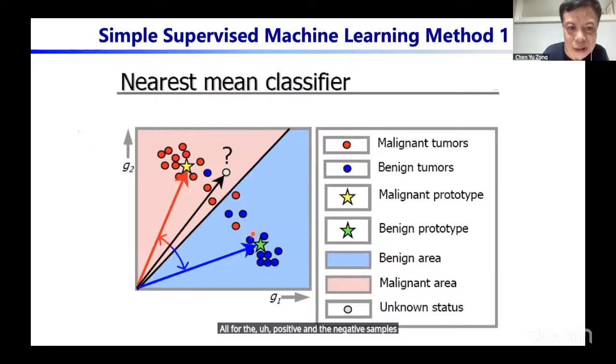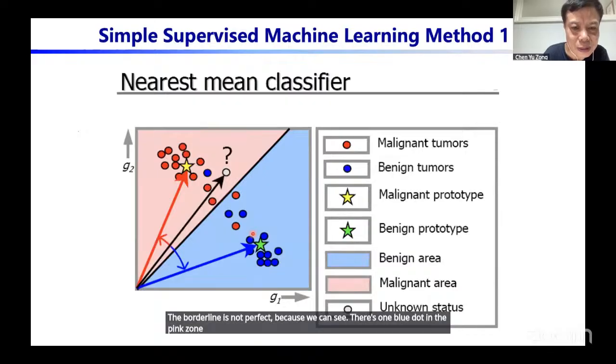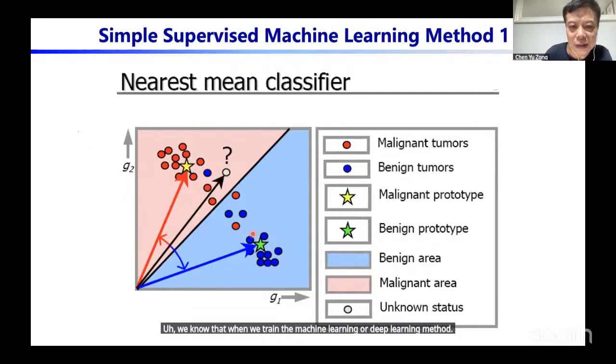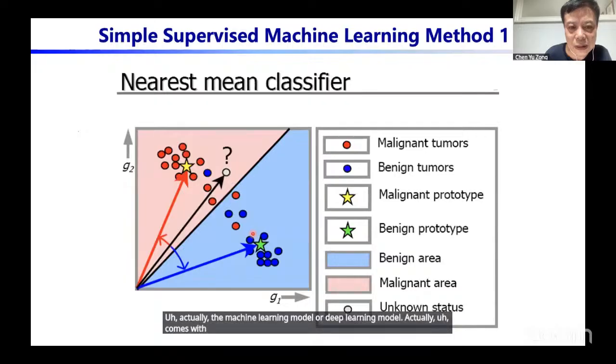We do notice that in this particular example, the borderline is not perfect, because we can see there's one blue dot in the pink zone and two red dots in the light blue zone. So this is called the error. Of course, we know that when we train a machine learning or deep learning model, it comes with a certain level of error.